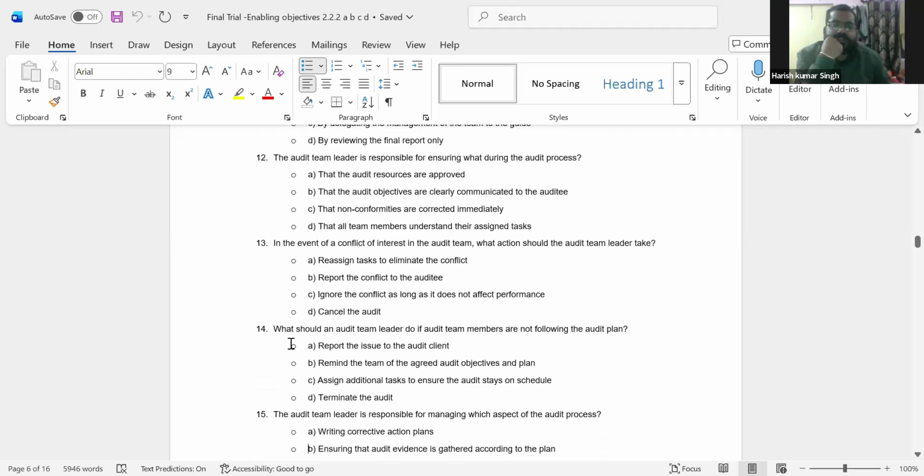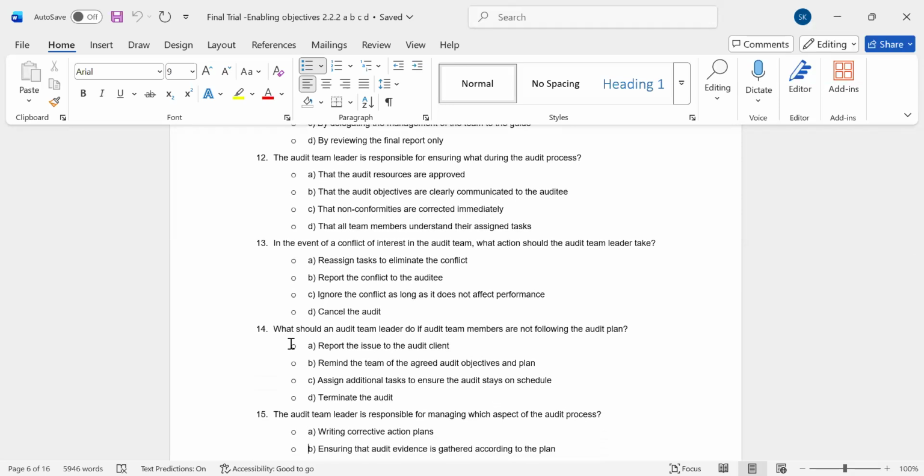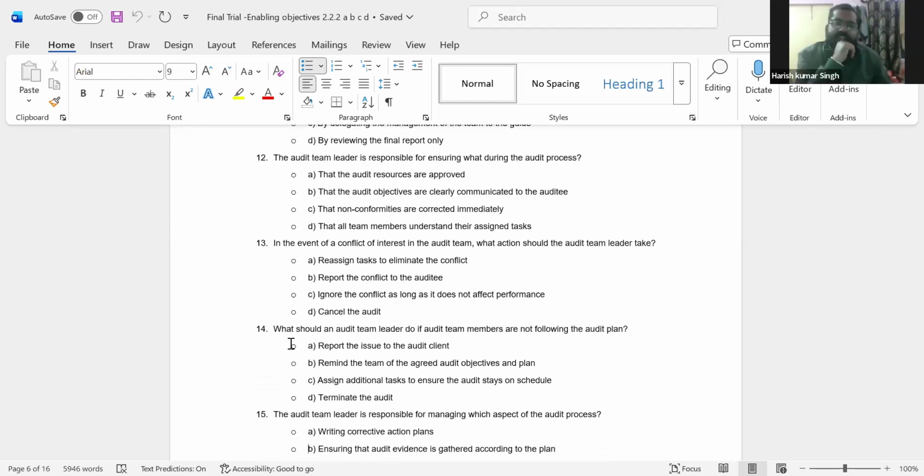13th. In the event of a conflict of interest in the audit team, what action should the audit team leader take? A. Reassign tasks to eliminate the conflict. B. Report the conflict to the auditee. C. Ignore the conflict as long as it does not affect performance. D. Cancel the audit.